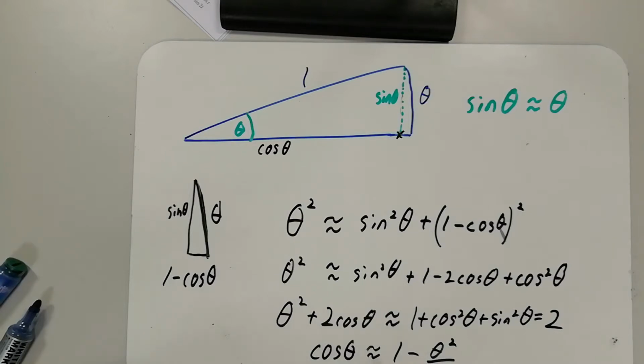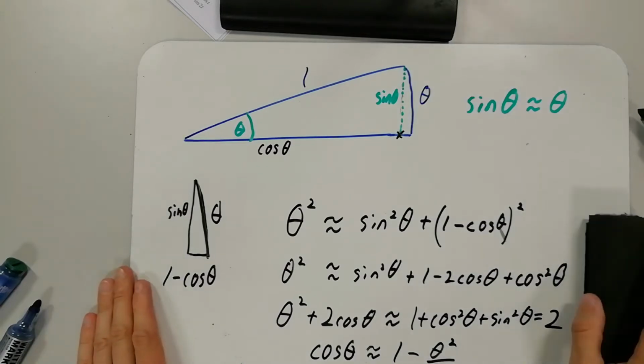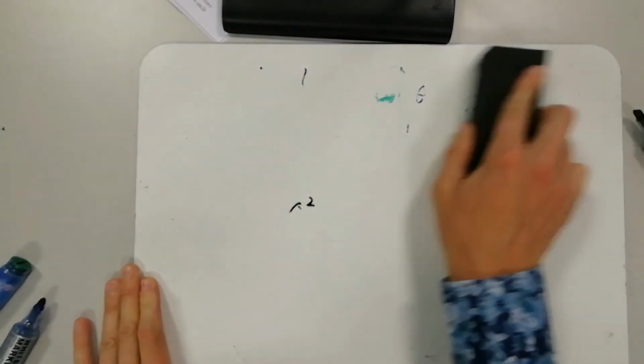Cos theta is approximately the same as 1 minus theta squared over 2, and sine theta is approximately the same as theta. Okay, if you do further maths, you'll look at other ways on how to get more terms of these approximations to make them even better, but that's the idea for now.